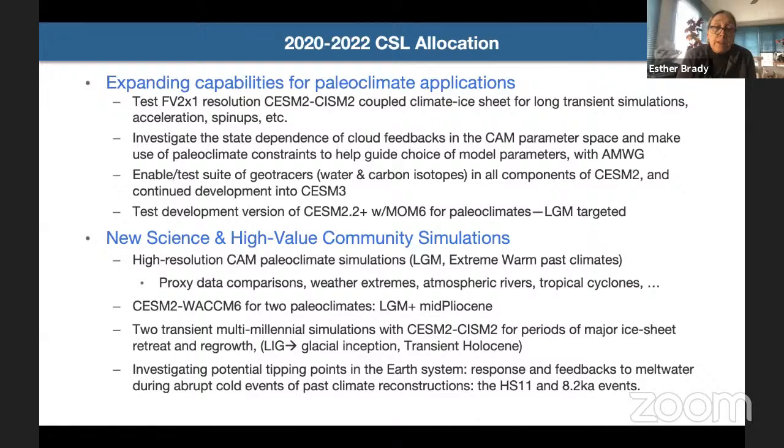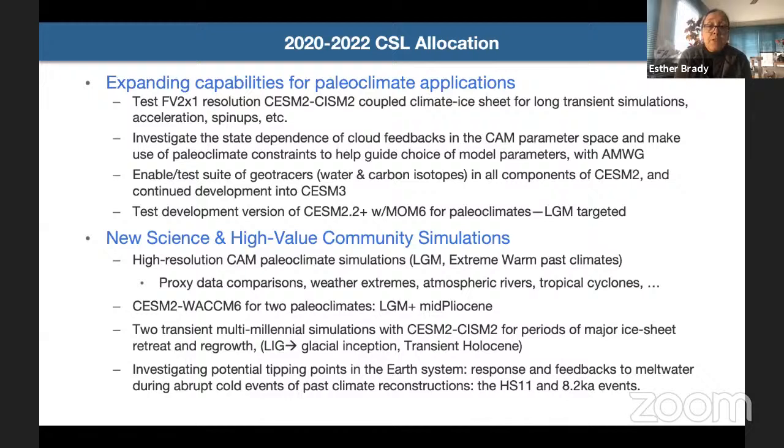These would be CAM only simulations run with boundary conditions from some of the time periods that have been simulated in a coupled mode with CESM2, for example, the LGM, and some extreme warm past climates like the mid-Pliocene and the early Eocene. And these are ideal for proxy data comparisons, looking at weather extremes, atmospheric rivers, tropical cyclones, et cetera.